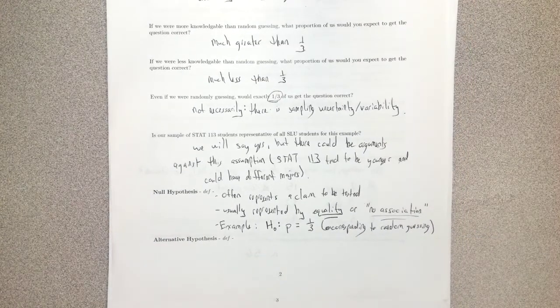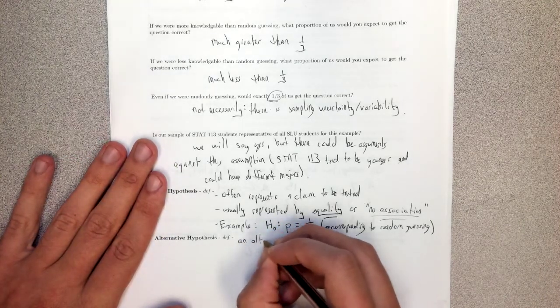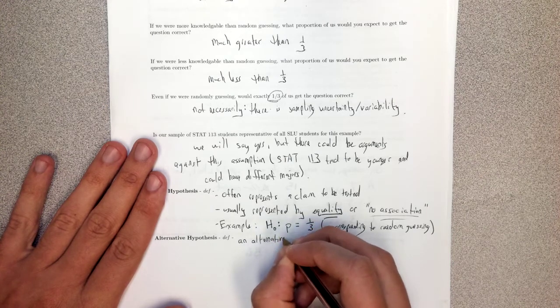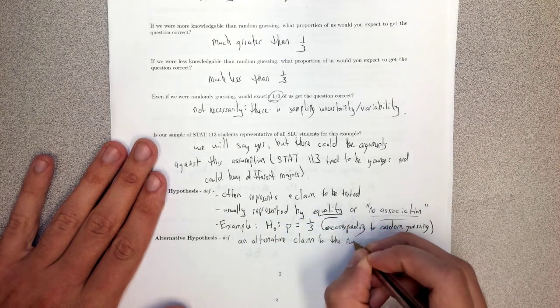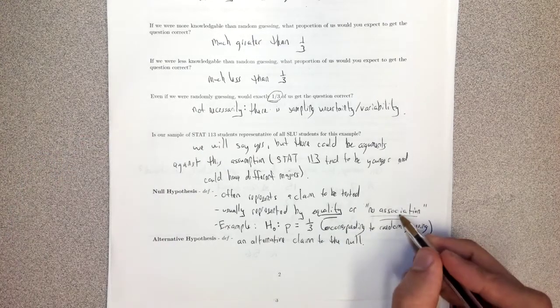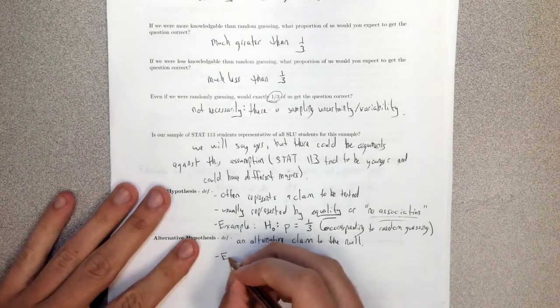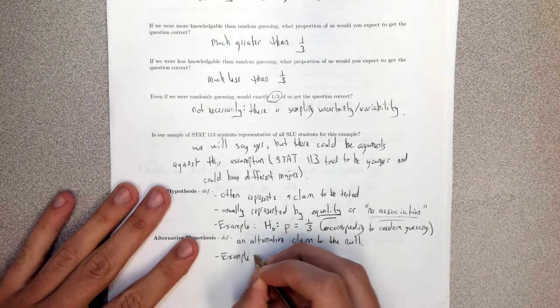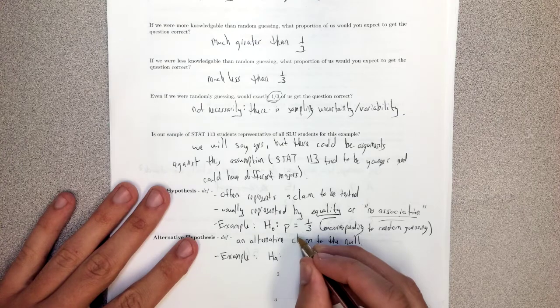The alternative hypothesis is going to be a competing claim. And so our definition is just going to be an alternative claim to the null. When we have more than one variable, the alternative will be that there is an association between the two variables that we're interested in. For our example here, it's just going to cover all of the cases that aren't in the null hypothesis.